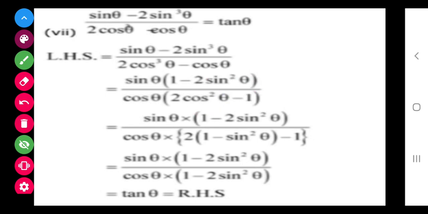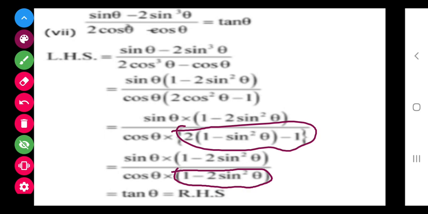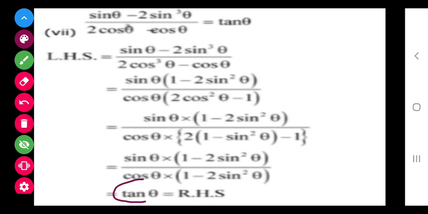So the trick used is, in place of cos square theta, it is written 1 minus sin square theta. Now solve the whole part, you will get this part only. Now you can see that both are equal, so they can be cancelled. So finally what's the answer? Tan theta.